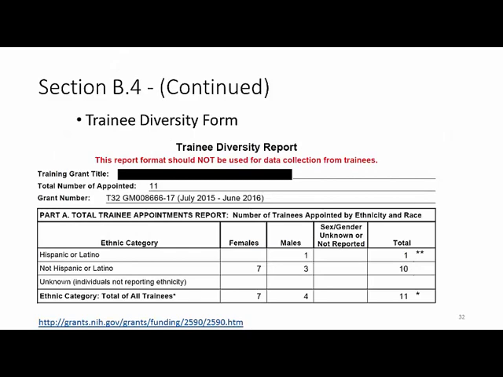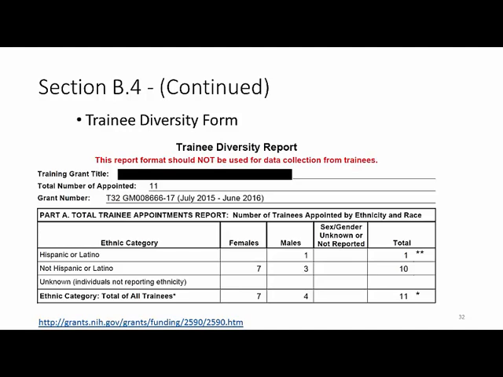The one form that you have to do is what they call the trainee diversity form. Again, we're still in section B4, if you can believe it. It goes to G, but it gets quicker. You actually have to know the ethnicities and the races of your trainees.